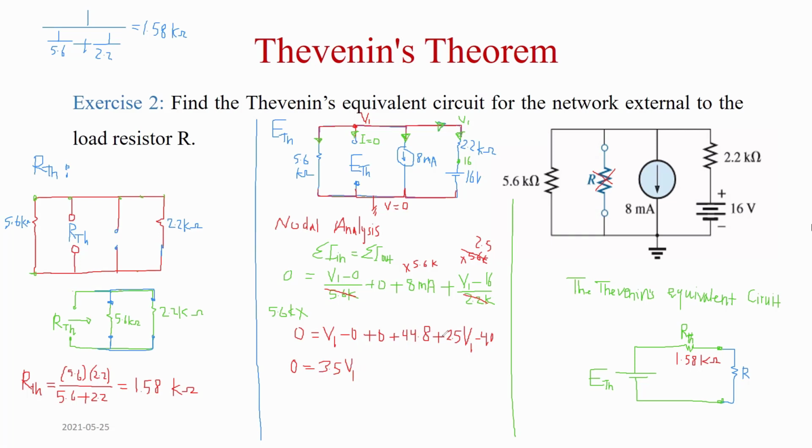And 44.8 minus 40, that is 4.8. So from here, V1 is going to be this divided by this. So negative, because it goes to the other side, 1 point, I don't know how much is that.